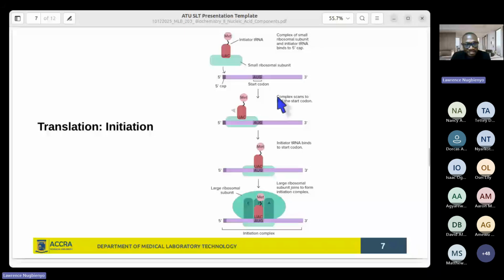So before we move on to that process of translation, let's see one last animation. This one is combining both the transcription and the translation together to give us the full process of gene expression, or what we refer to as protein synthesis.